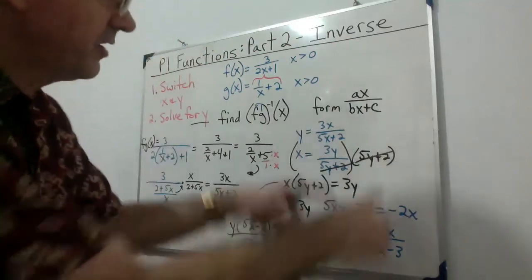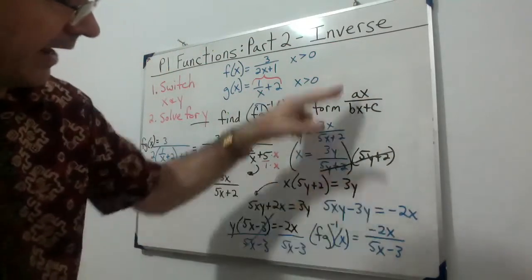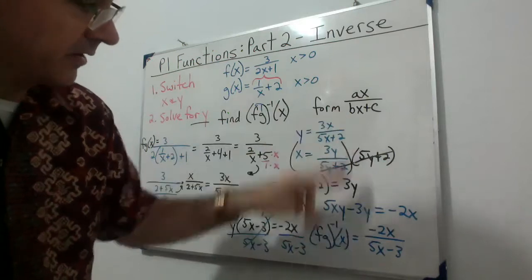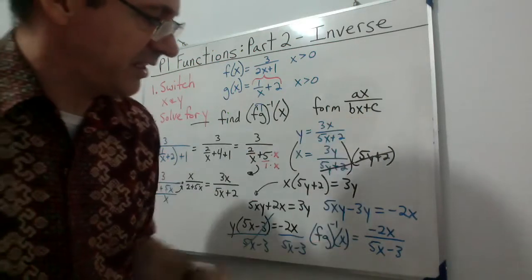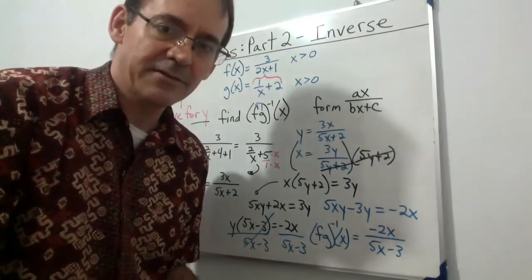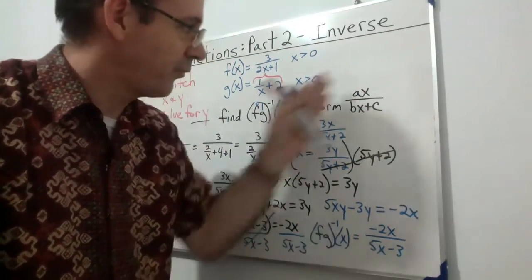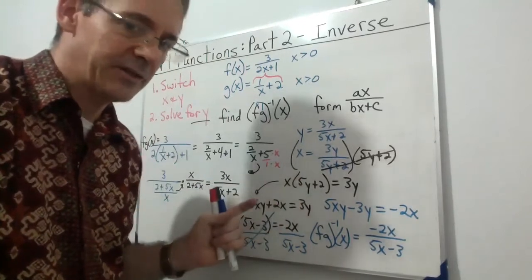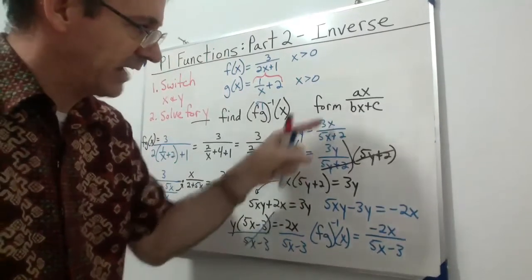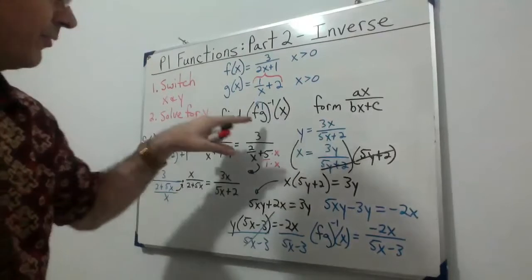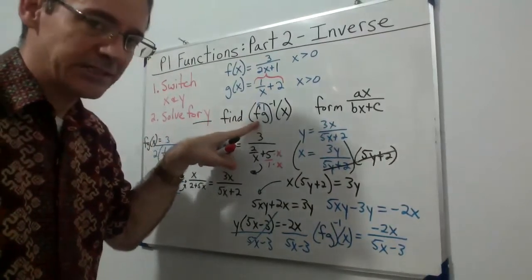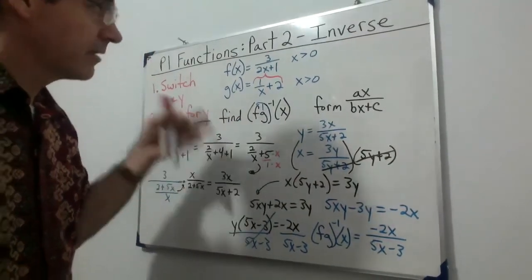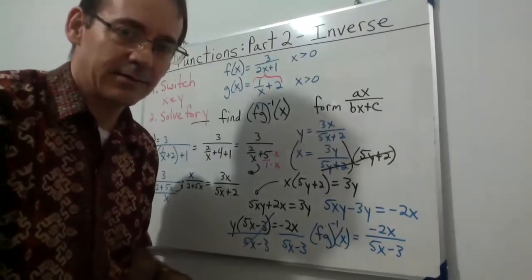Notice we are in the form where a is negative 2, b is 5, and c is negative 3, which is the form they ask for. This was a little similar to the last one in the sense that you had fractions with 2 x's. It was also correlated with composite functions from the previous video.